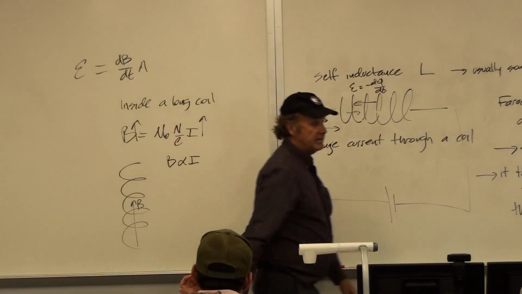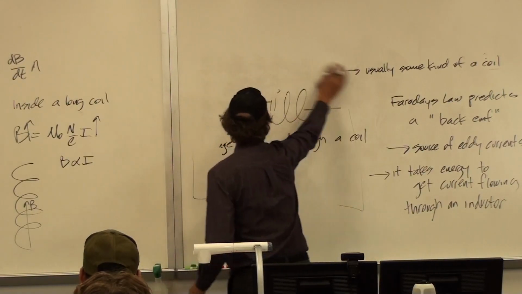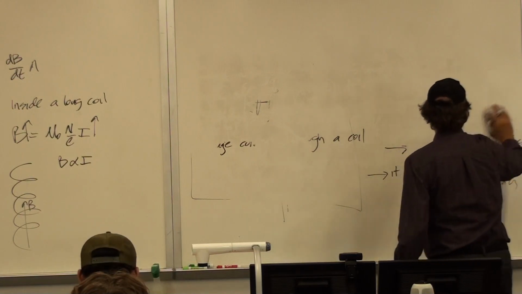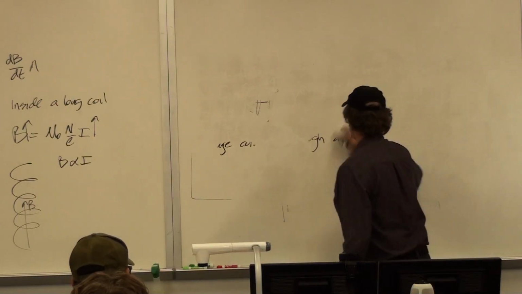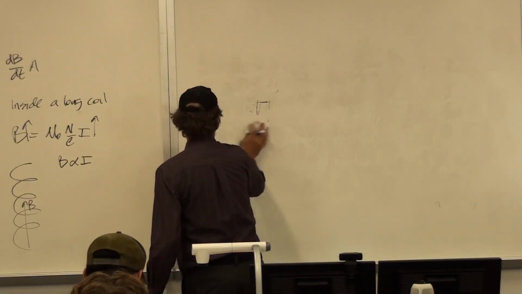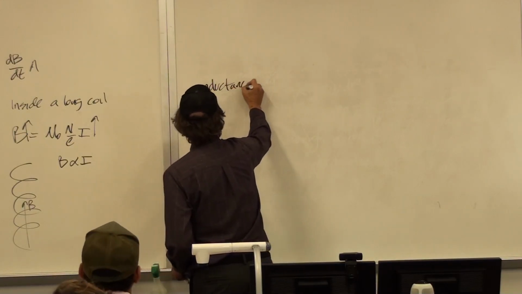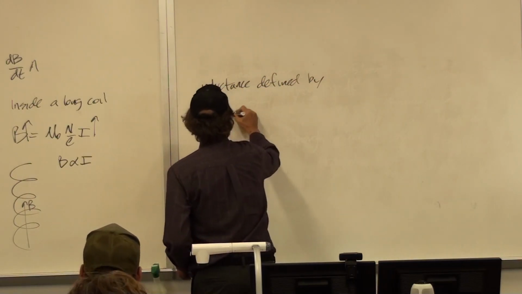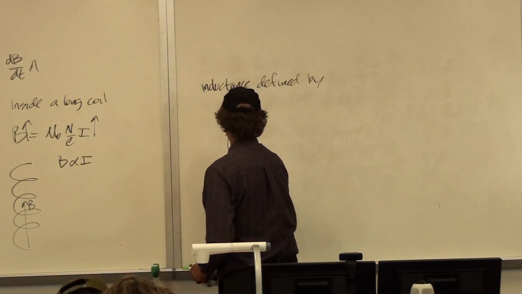Okay, so how do we define inductance then? Well, we can define it in terms of the following equation. And phi is the total flux through our inductor.